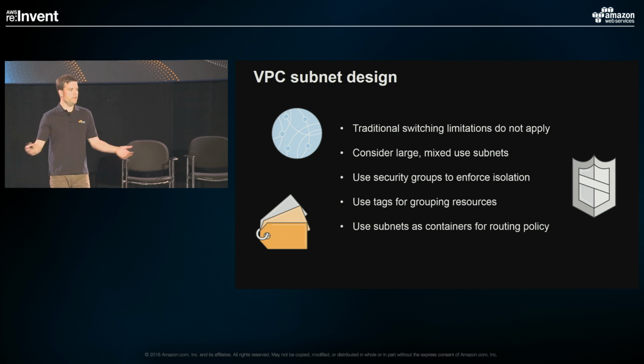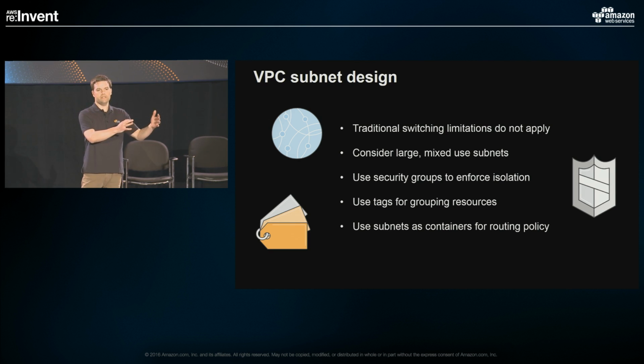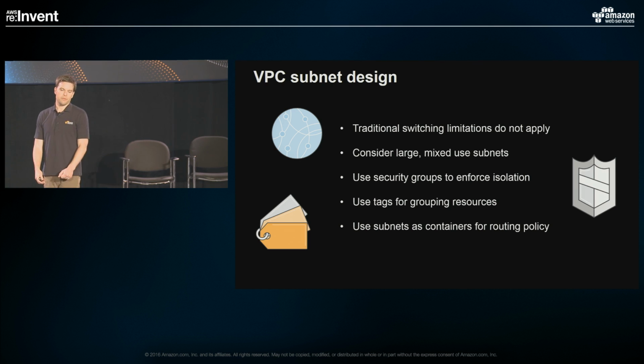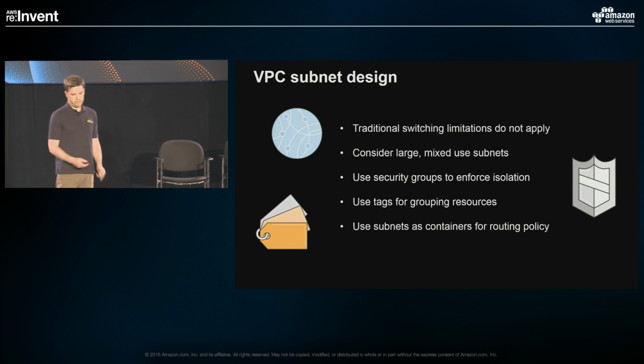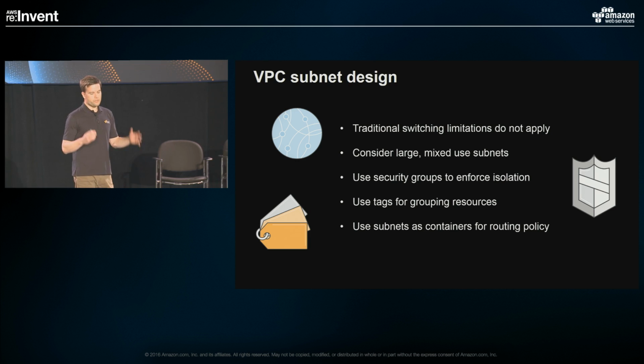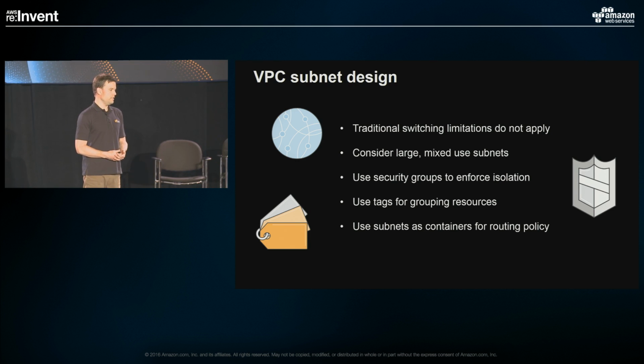Make sure you have a very large, diverse ability to pull from IPs. You're not constraining one subnet because this is the subnet for app A, and you run out of IPs over there, but you can't pull IPs from another subnet because that subnet's for application B. It's not necessary in VPC. Use security groups instead to enforce isolation.